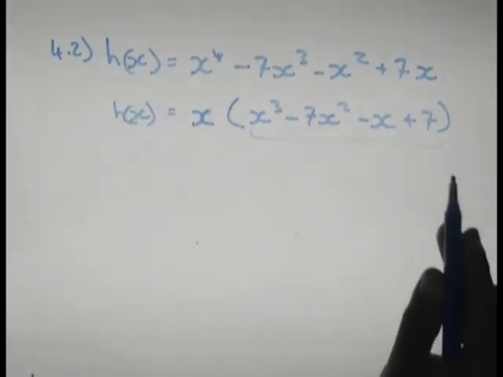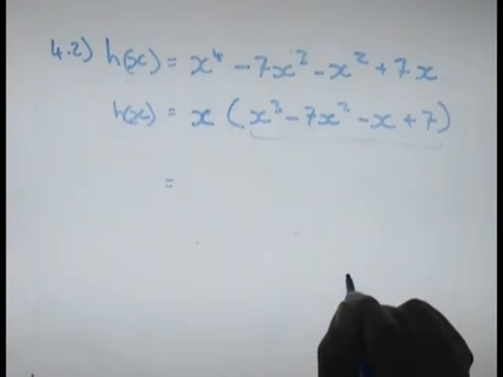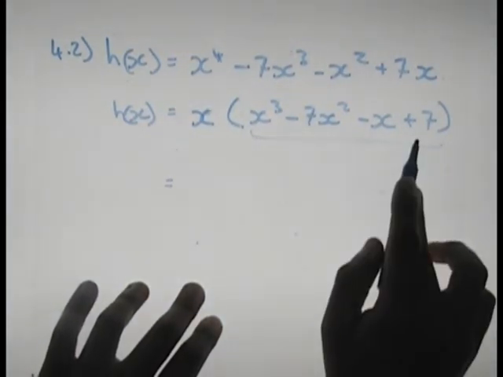Now I can factorize this the same way I factorized it in the previous example 4.1, using first trial and error to get my factor.